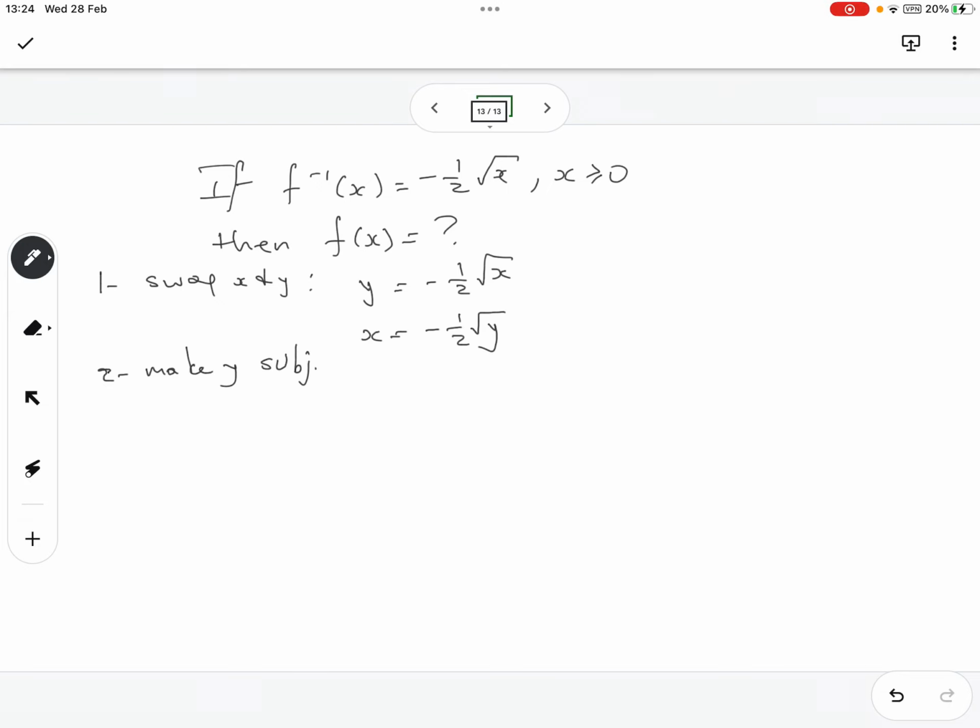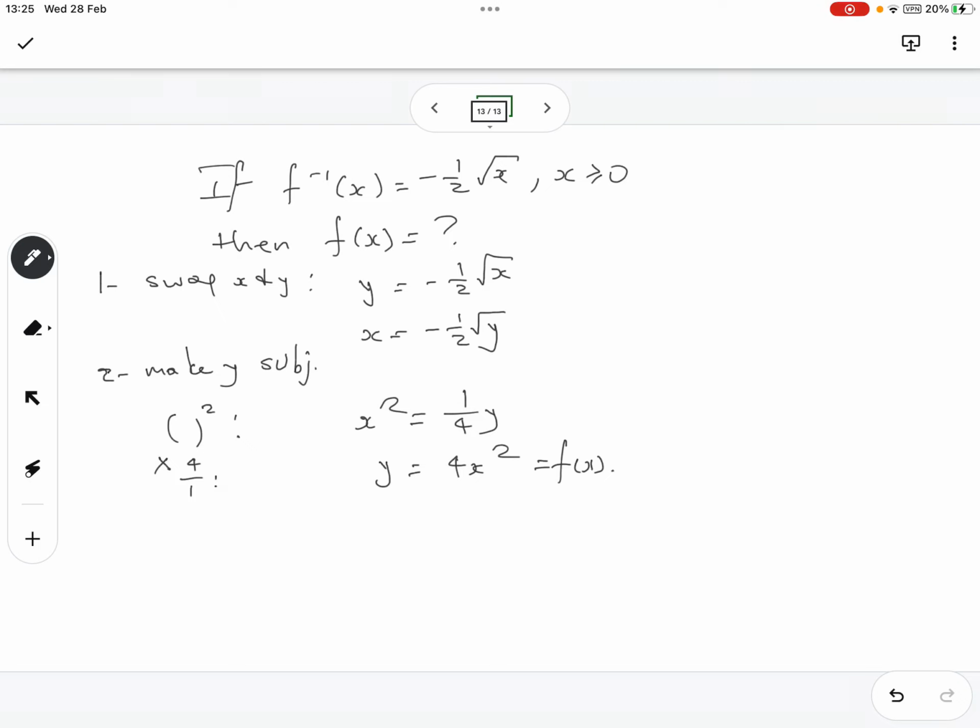Make y the subject. So we square, so that x squared is 1 over 4y, and y is 4x squared, which is f of x.